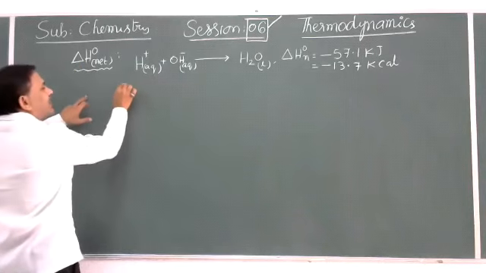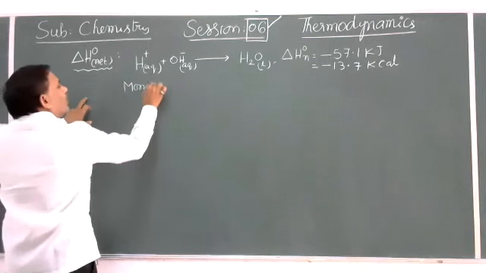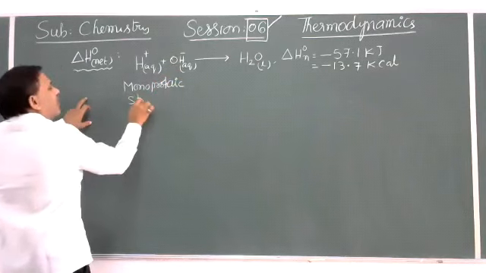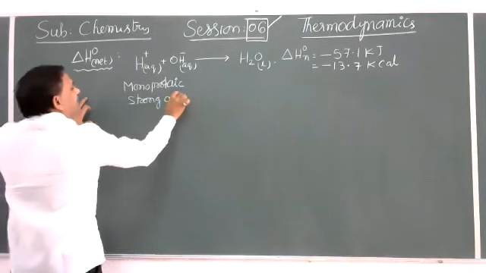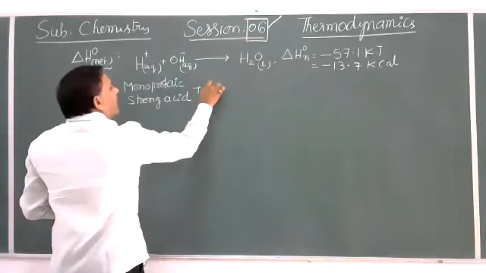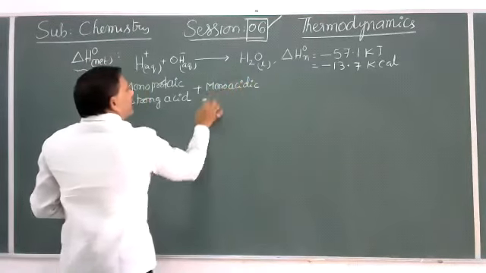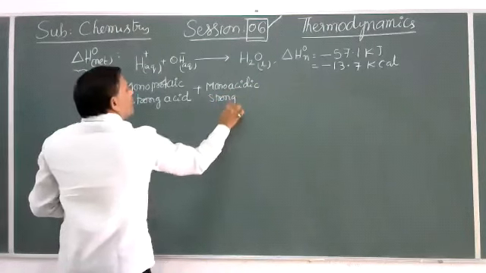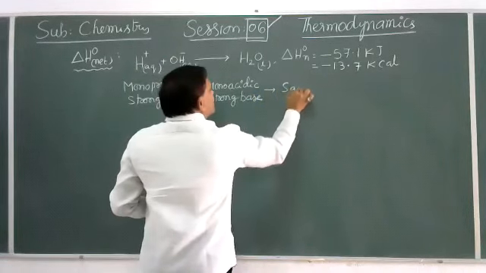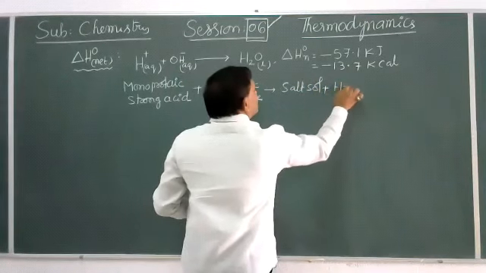Now here the H plus ions from a monoprotic strong acid react with a monoacidic strong base and give a salt solution plus water, H2O.